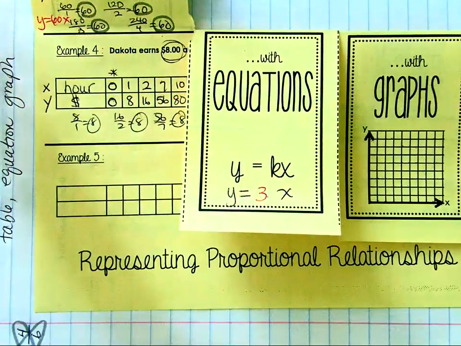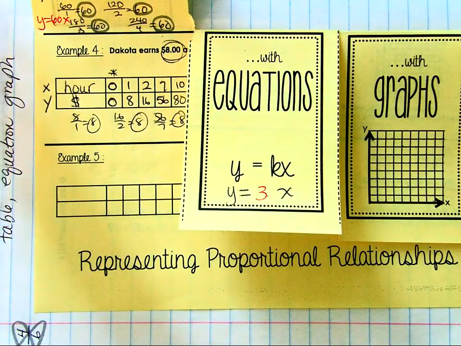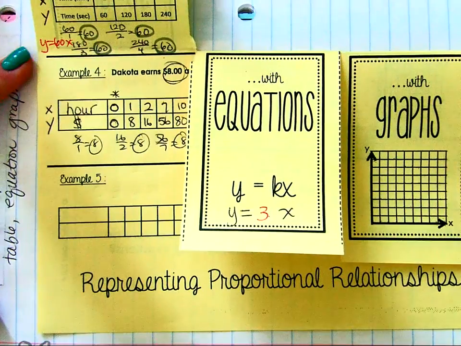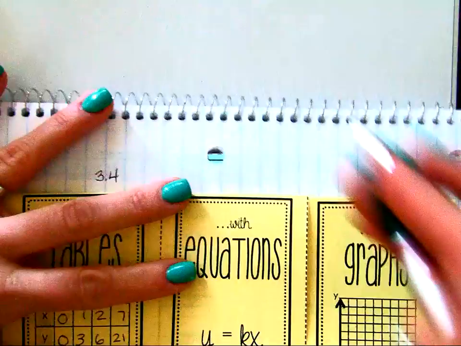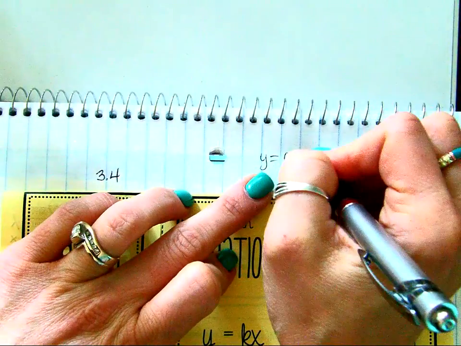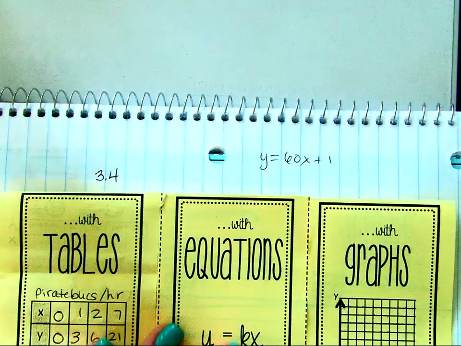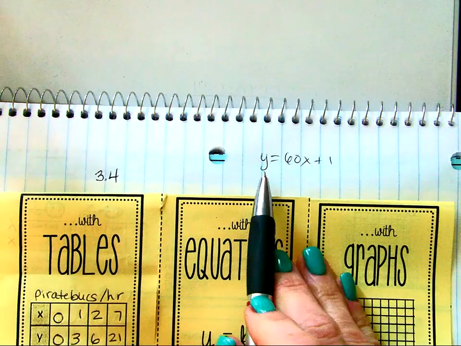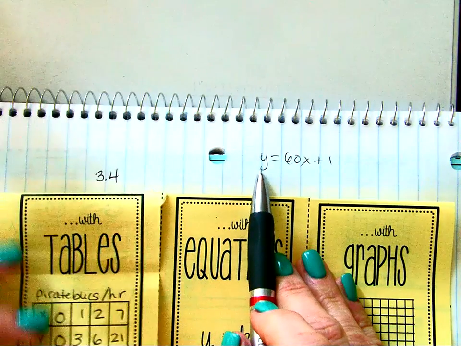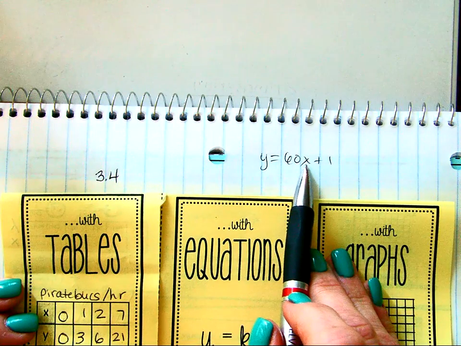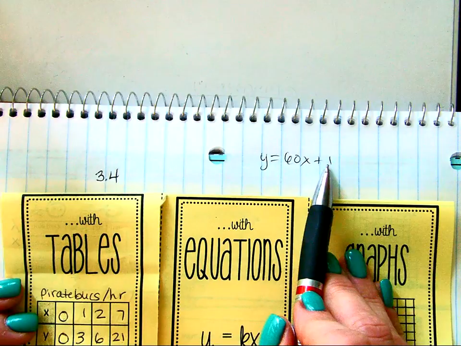Okay? So, here's the deal. What if I took this equation, like y equals 60x, and let's say we add 1 to it. So the number of seconds is 60 times 1 plus 1. That would be 61. Is the number of seconds in a minute 61?